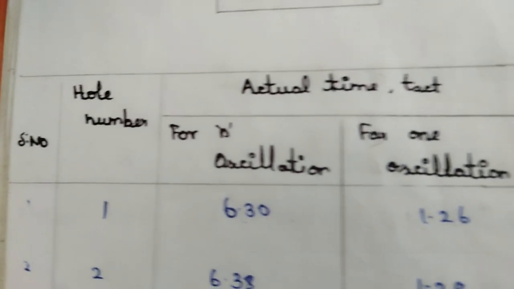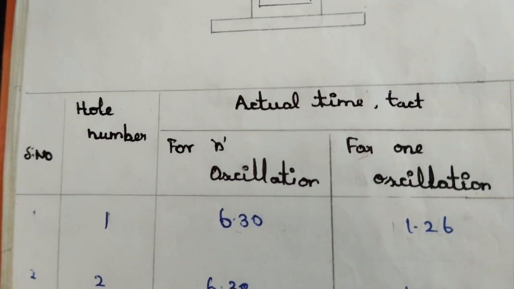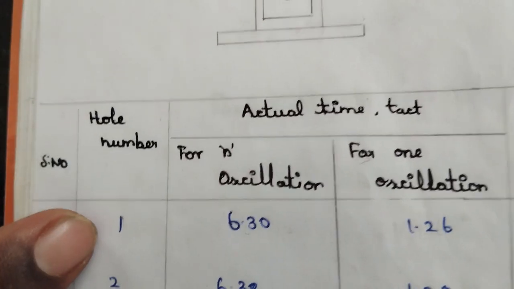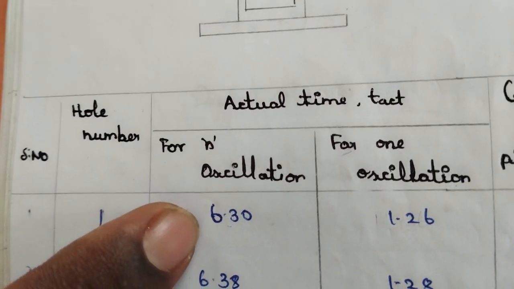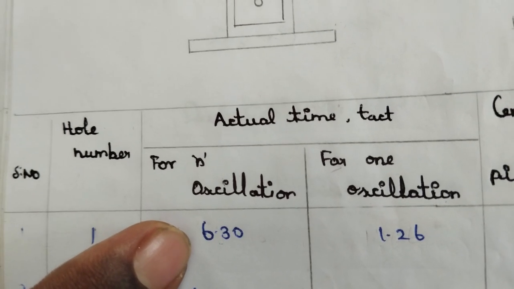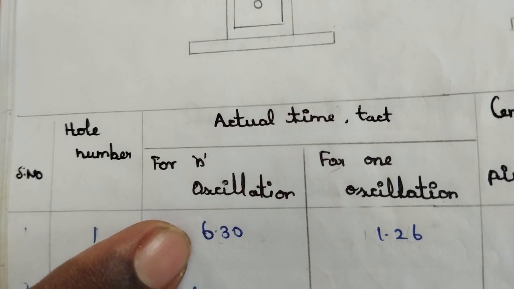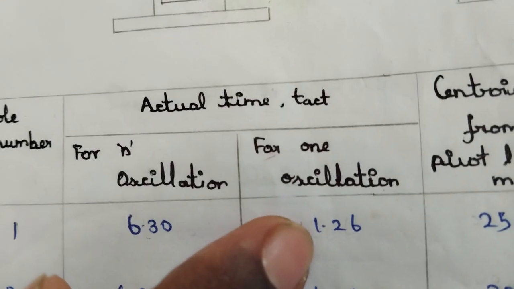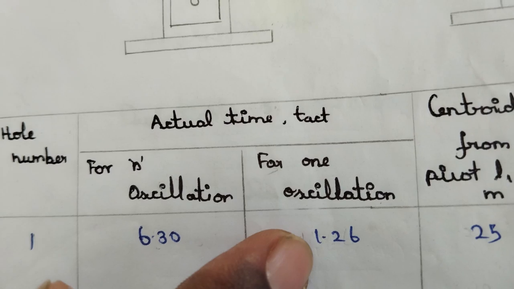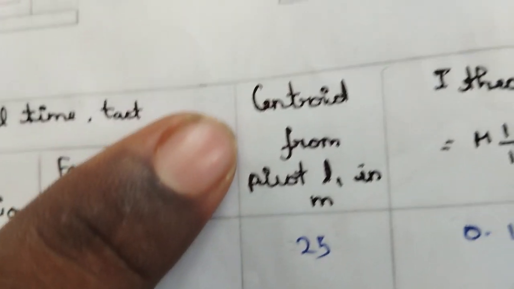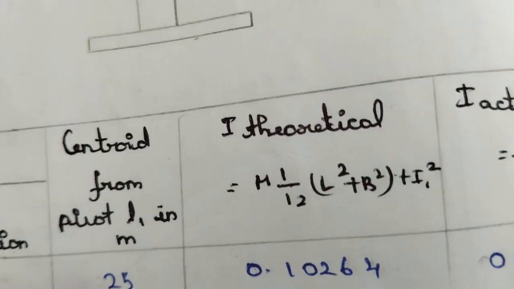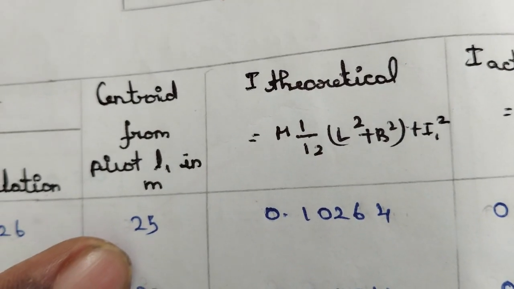Now we see the model tabulation and calculation. For hole number 1, the time taken for 5 oscillations is 6.3 seconds, and converted to one oscillation it is 1.26 seconds. Next, the centroid distance from the pivot point is 25 mm.